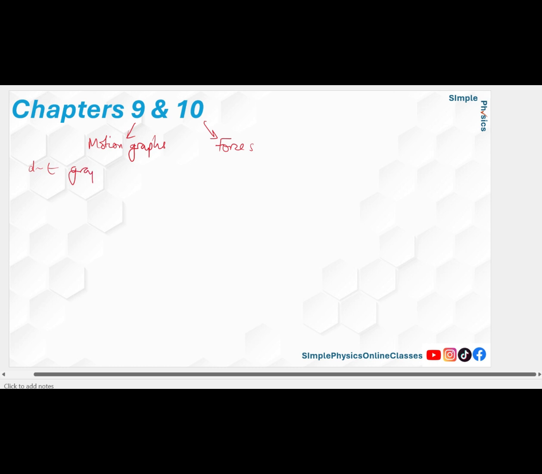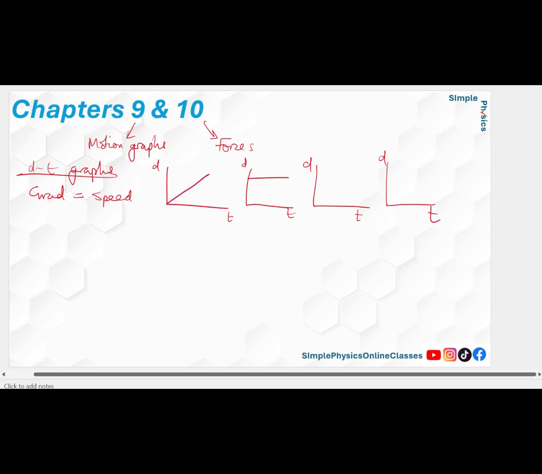Now DT graphs, one thing you need to know: the gradient is equal to the speed. If I show you the 4 variations you can get, 2 are easy, 2 are very difficult. So expect the difficult ones. You can get something like that, a nice straight line, a nice straight horizontal line. Then you get what's called an increasing gradient, and then a gradient that's decreasing.